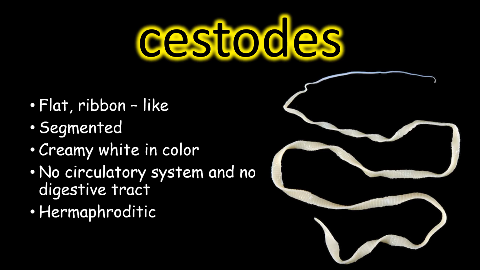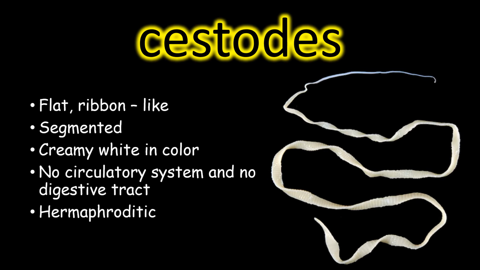They have no circulatory system and alimentary canal. So for them to survive inside the host, nutrients are absorbed via their outer covering, which is called the tegument.